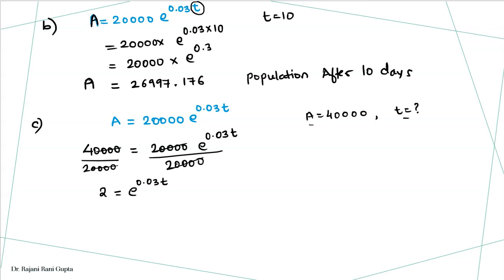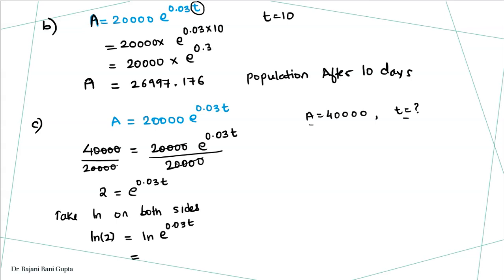So 2 equals e to the power 0.03t. Now, in such questions, we take ln of both sides. This gives you ln of 2 equals ln of e to the power 0.03t.